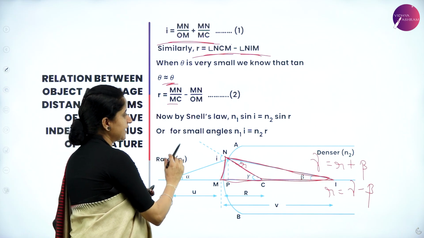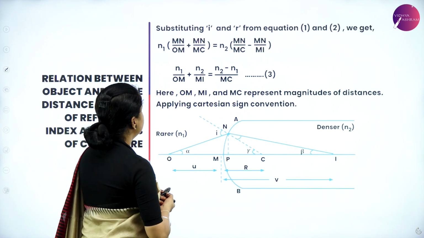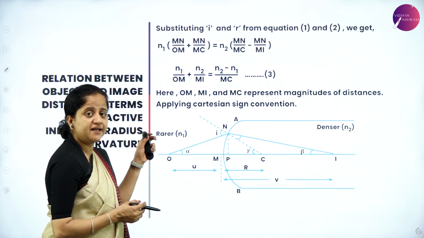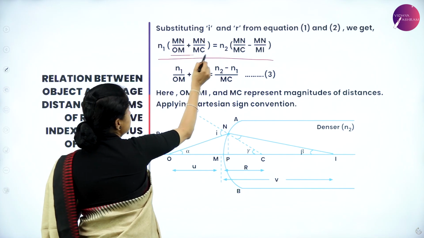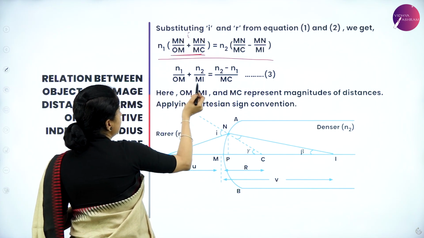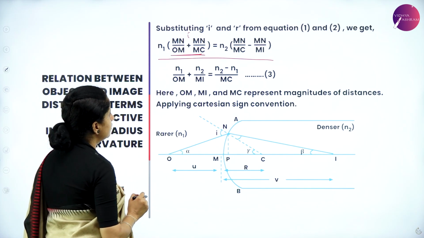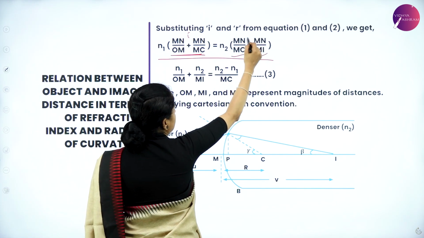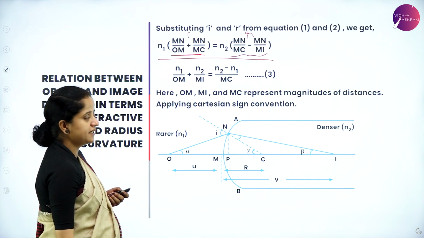So for small angles, we shall forget the sine functions, that is n1 i is equal to n2 r. Substituting i and r from equations 1 and 2, we get n1 of, this is i, MN divided by OM plus MN divided by MC, which is equal to n2 of, this is r, MN divided by MC minus MN divided by MI.